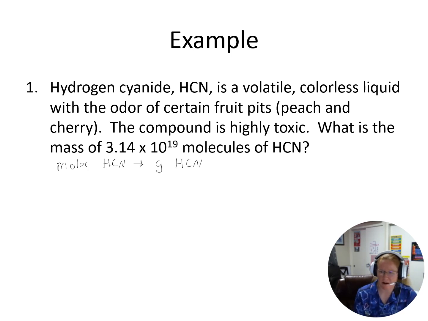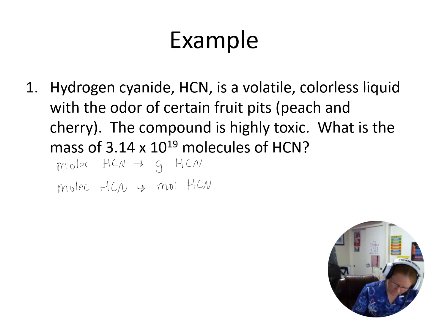So when we think about our full roadmap here, I can't go directly from molecules to grams. I have Avogadro's number, which is entities per mole. I have a molar mass, which is grams per mole. So again, the commonality there is moles. So we're going to go from molecules to moles and then to grams.